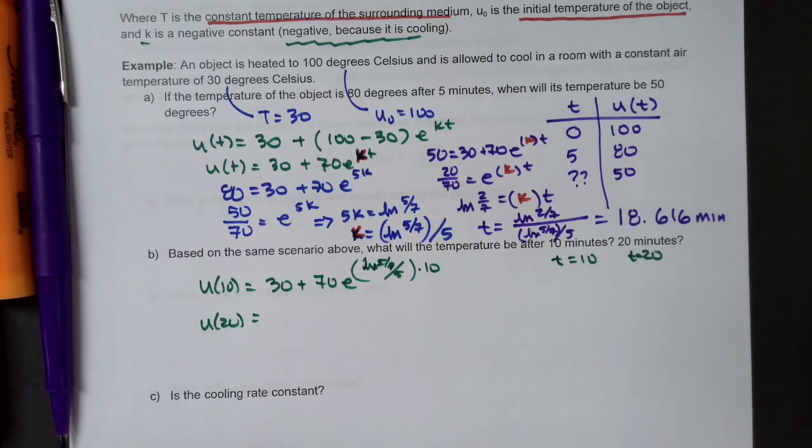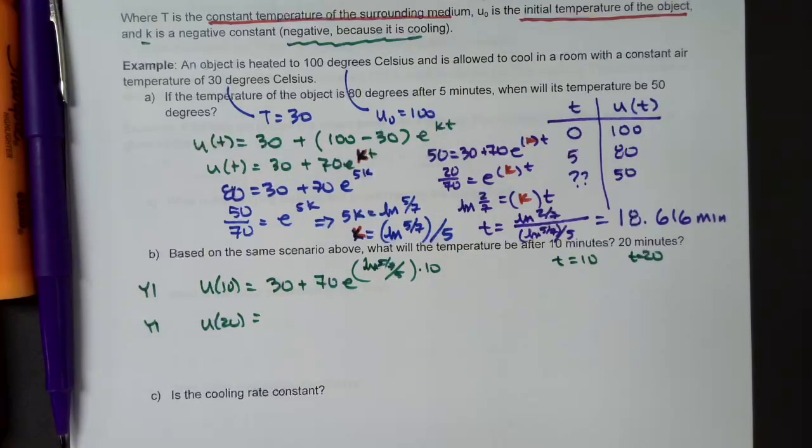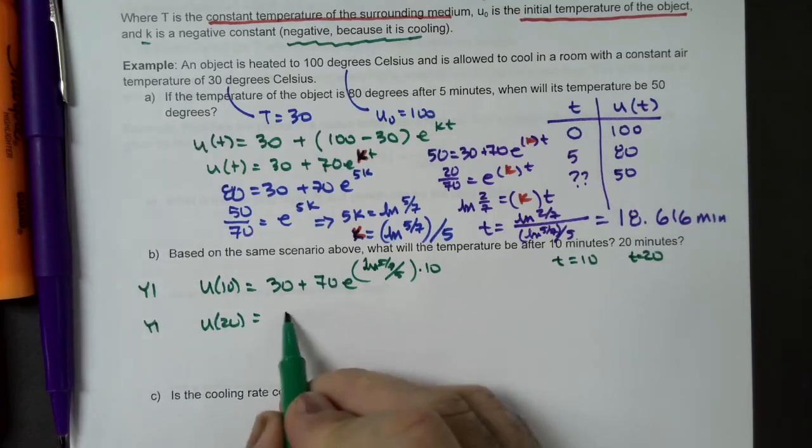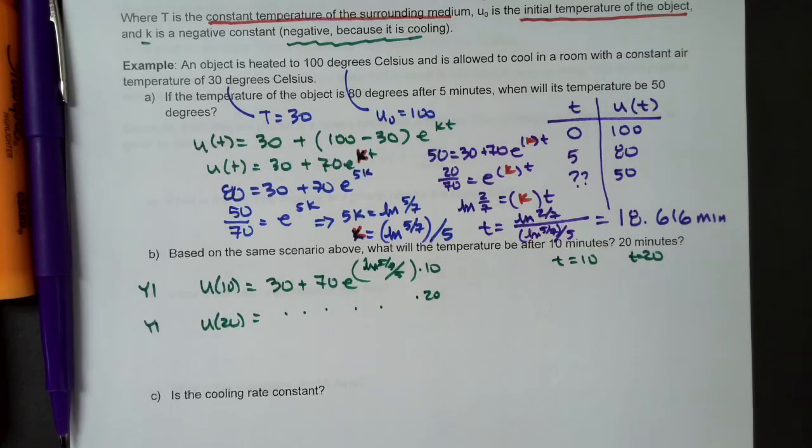And I'd probably put this in my y1 so that I can solve both of these relatively quickly by doing the exact same thing, except raising it to this times 20 as the exponent.